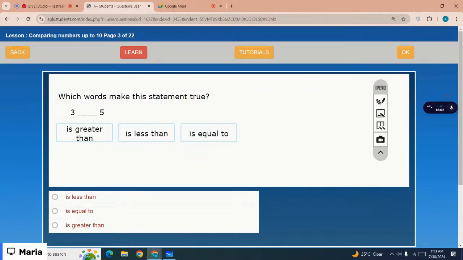The correct option is, when you count, you have 3 first in counting, then 5, right? That means 3 is less than 5.